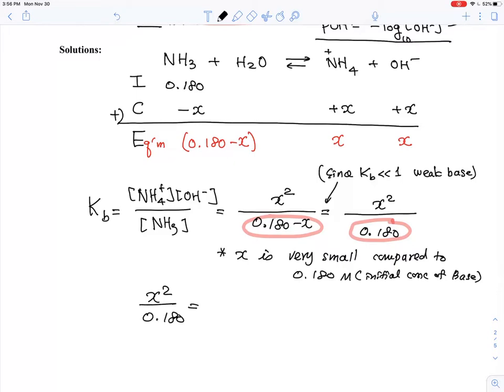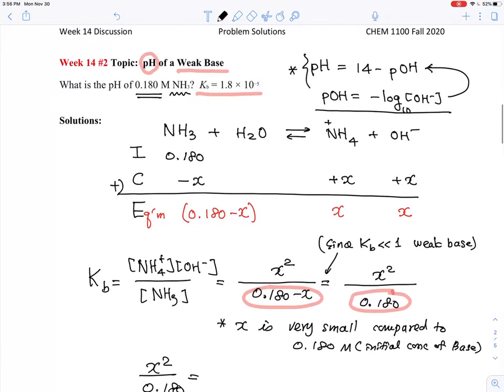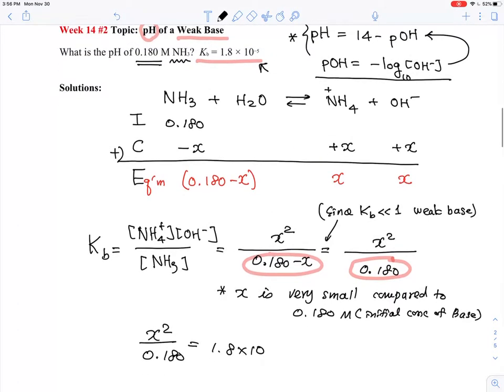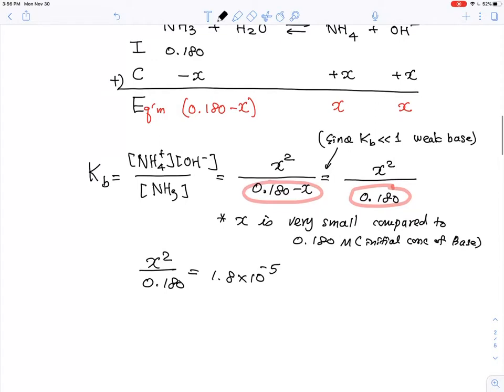So X squared over 0.180 is my Kb value, which is shown right here, 1.8 times 10 to the minus 5. Okay, so that will give me, actually this is one of the interesting ones.